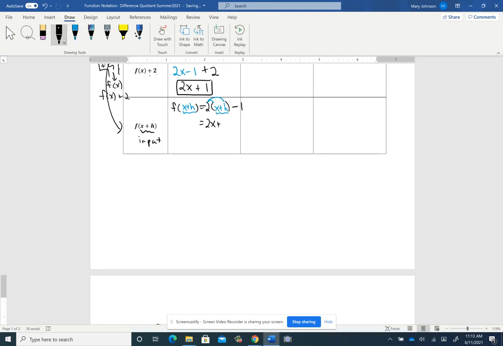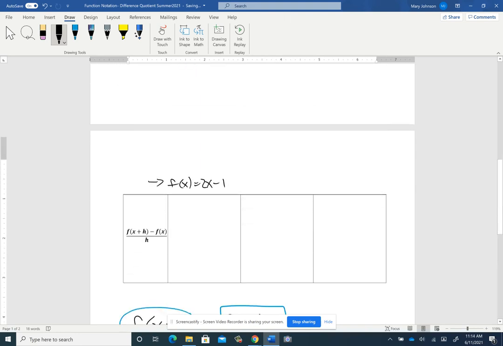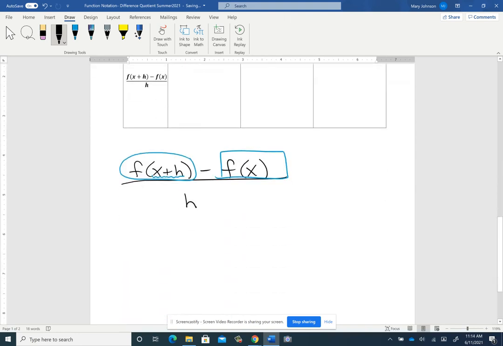So you wind up getting 2x plus 2h minus 1, but then that can't be simplified, so you're done, okay? So if we had not just done that, we would have worked that out, but see, that's going to go right there, okay? So when I'm trying to do this expression, I'm thinking about, okay, what's this piece? Okay, what's this piece? And then I put that information in there.